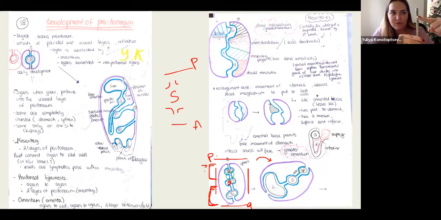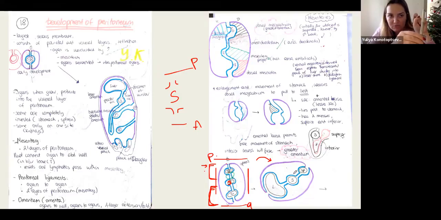Where does dorsal mesogastrium end up? So this is the original left side. This is the original right side. Do a 90 degrees clockwise rotation, so rotate this way, anteriorly, 90 degrees clockwise.